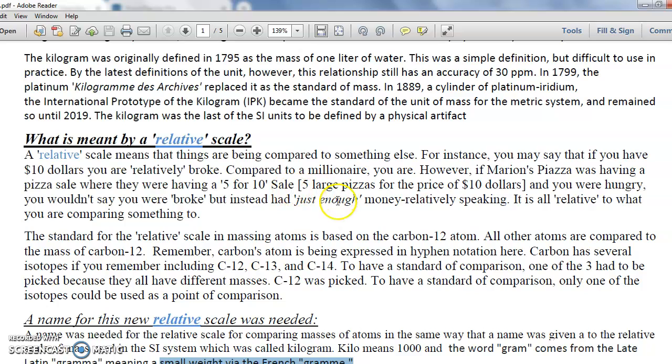However, if Marion's Pizza was having a pizza sale and they were selling 5 pizzas for $10 and you were starving, you wouldn't say you were broke. You would say you had just enough money to get rid of your hunger. So how much something is in the relative scale means we are comparing it to something else.